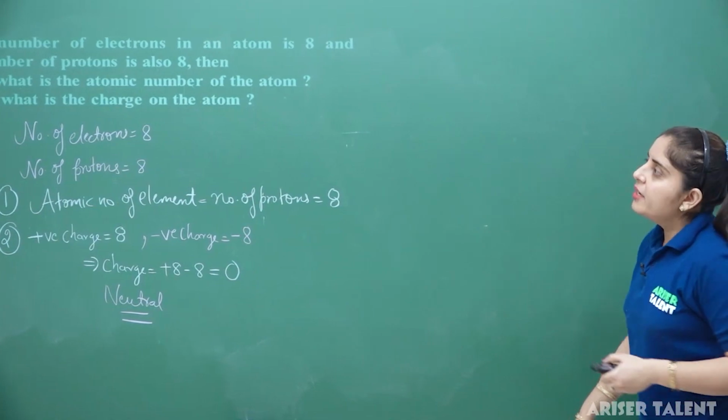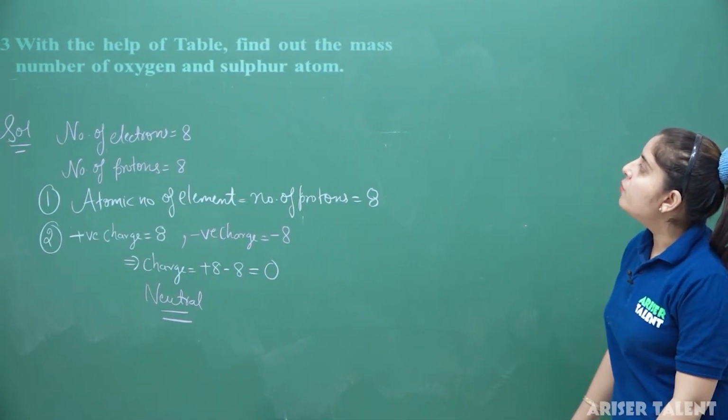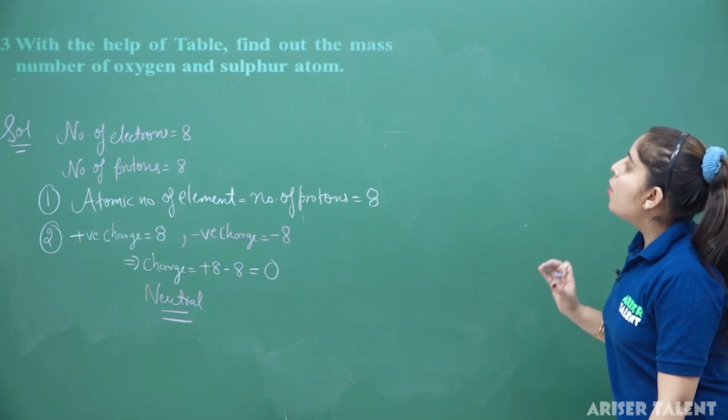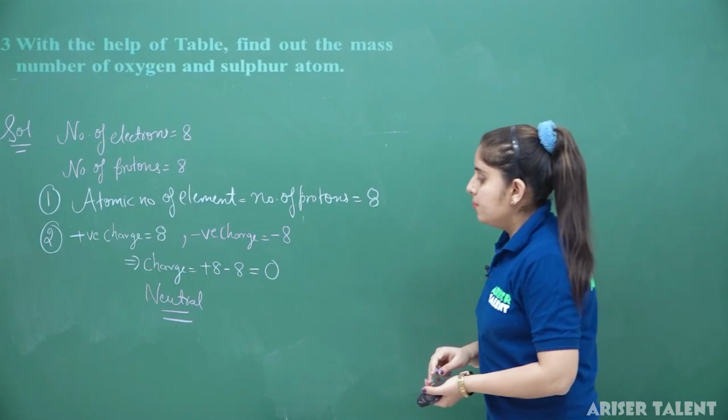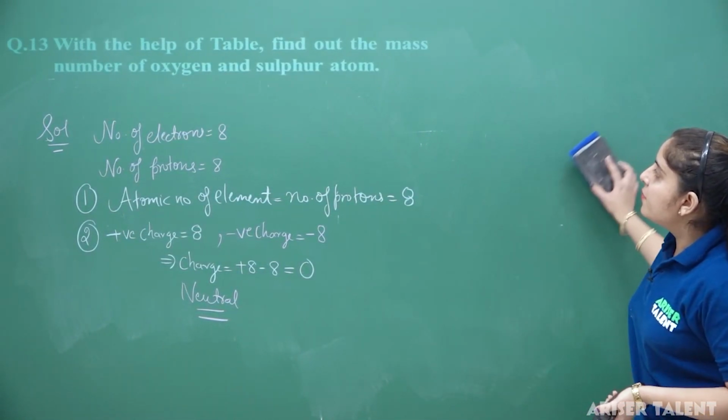Now proceeding to our next problem, we have question number 13. With the help of the table, find out the mass number of oxygen and sulfur atoms. Now we will calculate the mass for oxygen and sulfur.